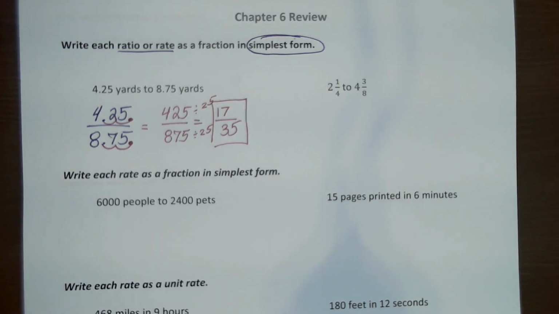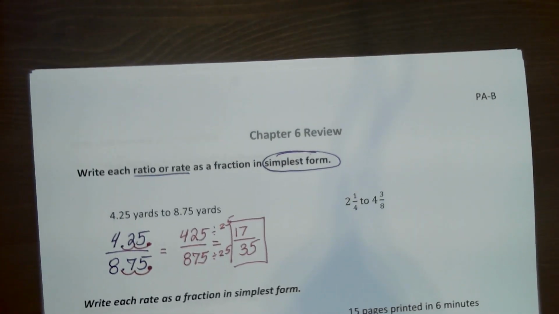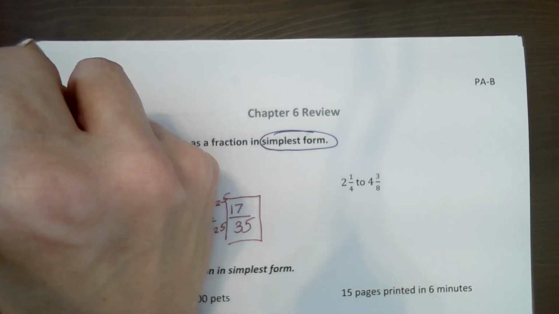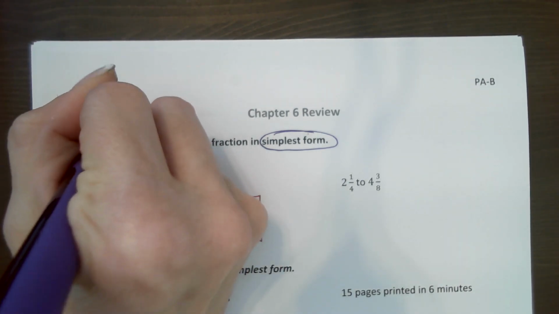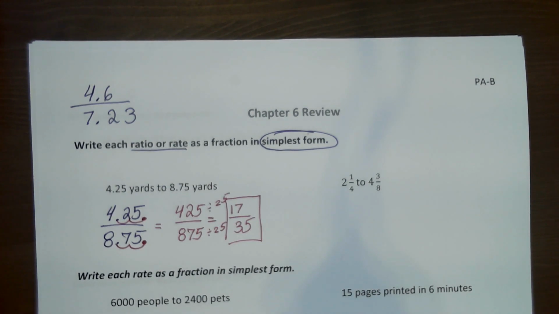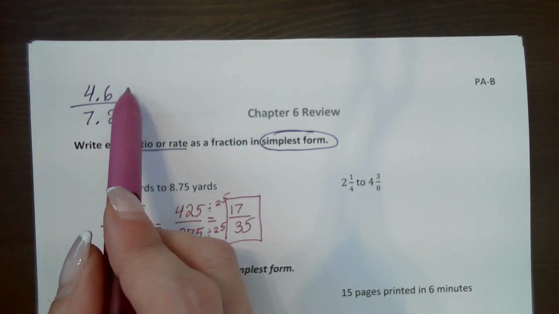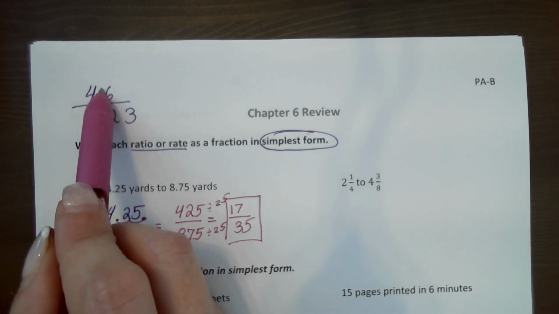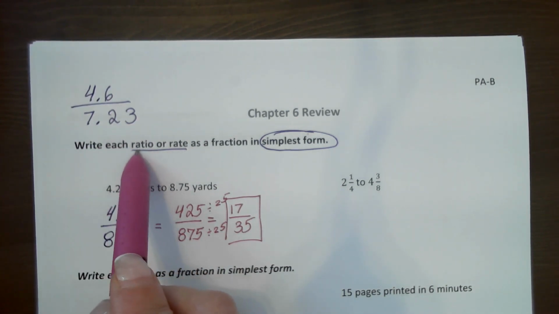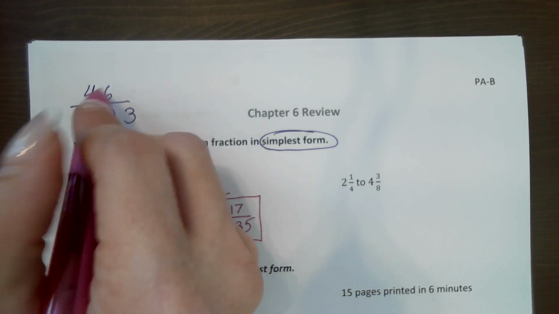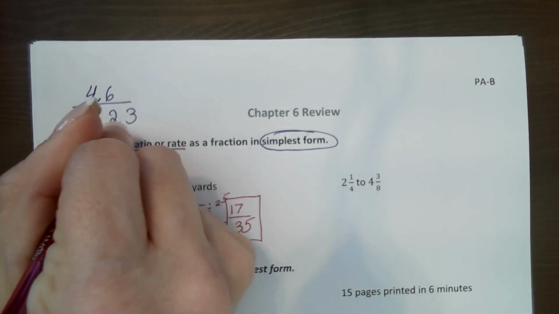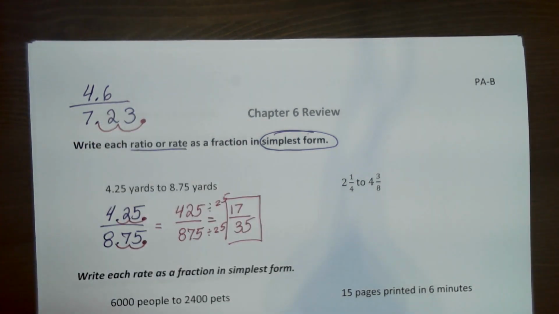Now I want to point something out. Let's say our ratio was 4.6 over 7.23. Now in this scenario, we have a different number of decimal places, but we still need to make sure we're keeping our fraction or ratio equivalent. So I'm going to look at the number with the most decimal places and see how many times I have to move that decimal point.